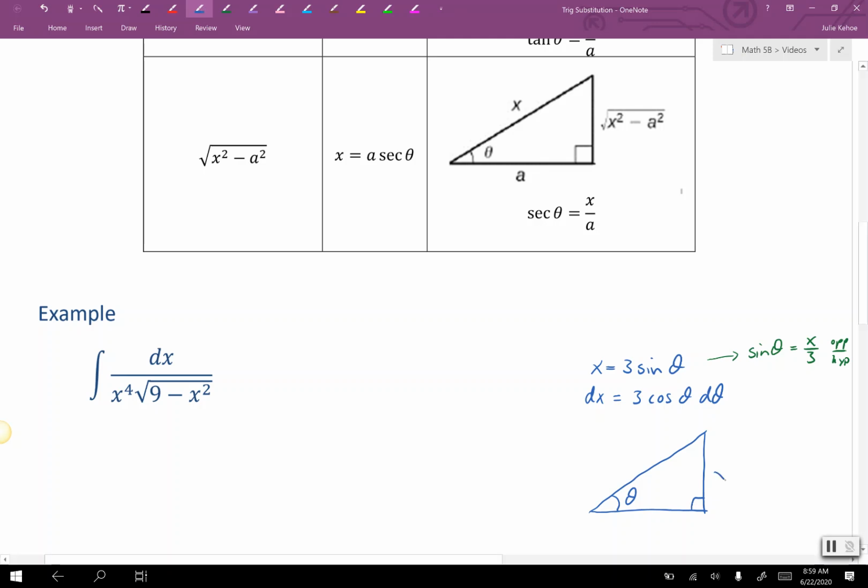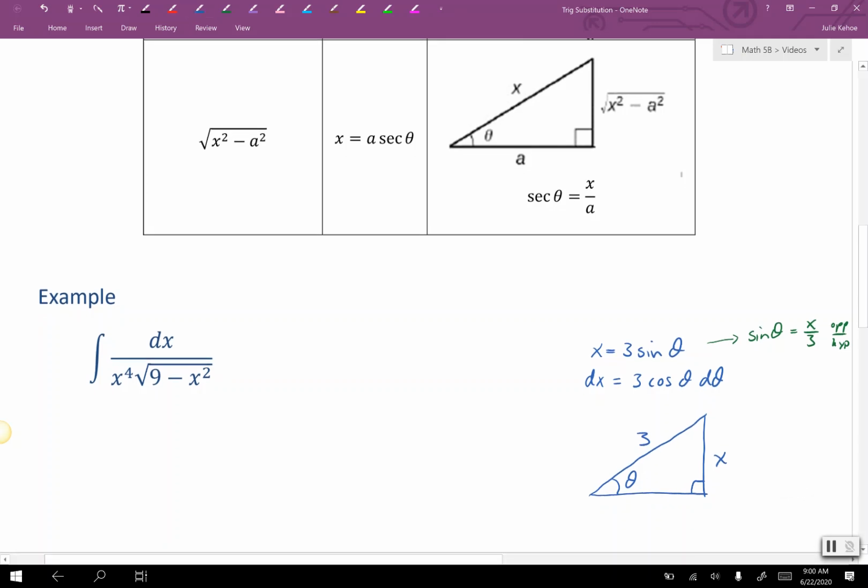So if I come over to my triangle, that will be x. And the hypotenuse is going to be 3. And if I use the Pythagorean theorem, then I will get the third side. But it should end up being my root here, the square root of 9 minus x squared. Okay? It should always end up being that root.